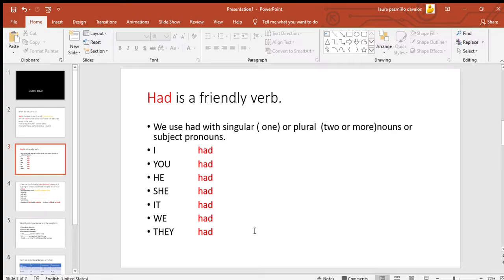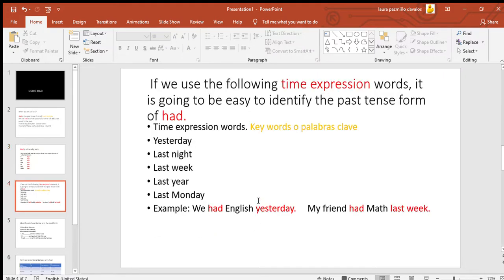How do you identify that a sentence is in the past tense form? Very easy. If we use the following time expression words, it's going to be easy to identify the past tense form of had.